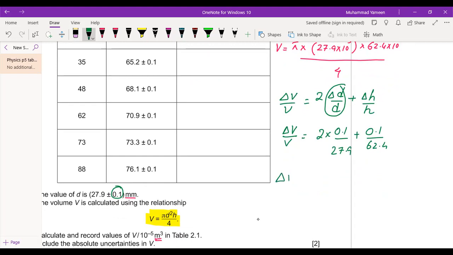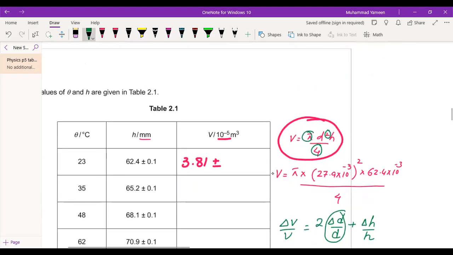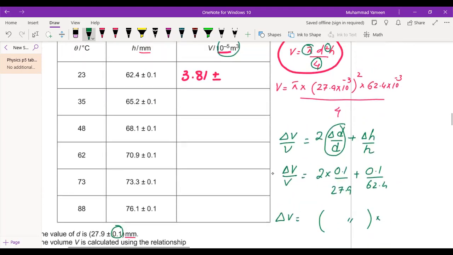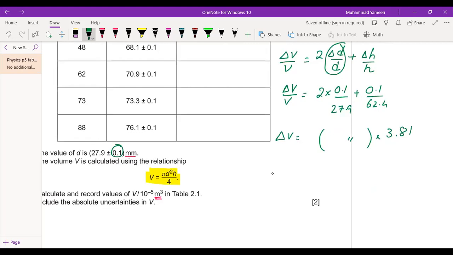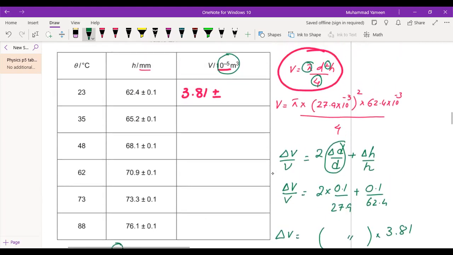So delta V will be this whole stuff times V, and you can see this 10 to the power minus 5 has been made as a unit. So this is the unit for the reading and the absolute error as well. So just multiply with this number 3.81. I hope you can do that easily, and delta V should be recorded to 2 decimal places.